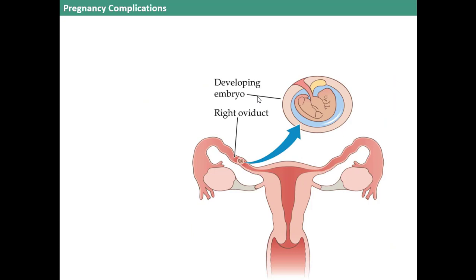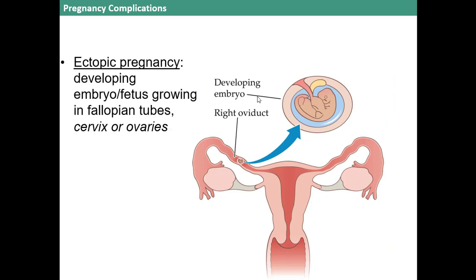Well, another condition is an ectopic pregnancy. This is where the developing offspring can grow inside the fallopian tubes or even the ovaries or cervix. This can be problematic because the fallopian tubes don't have the ability to expand like the uterus does.